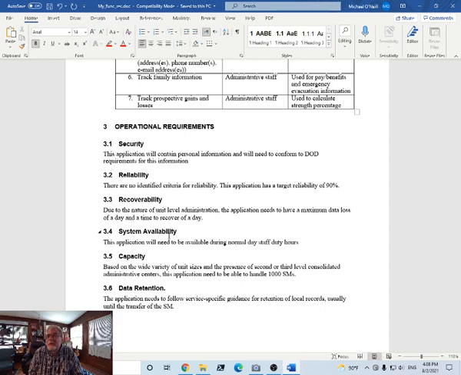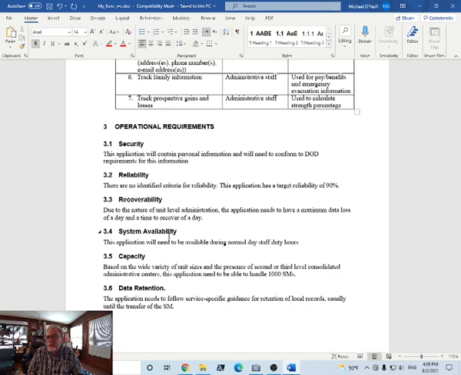Okay, reliability. In most cases, you do not have to have real-time reliability for a personnel database. Usually, if it comes up sometime during the day, you can put in what you need to do. Now, as a preference, I said let's have a target reliability of 90%, mainly because I've seen that it's reasonable to expect that the database will be up 90%.